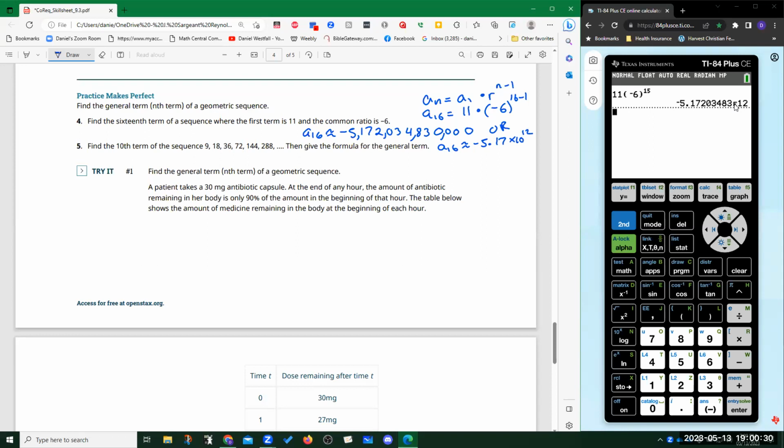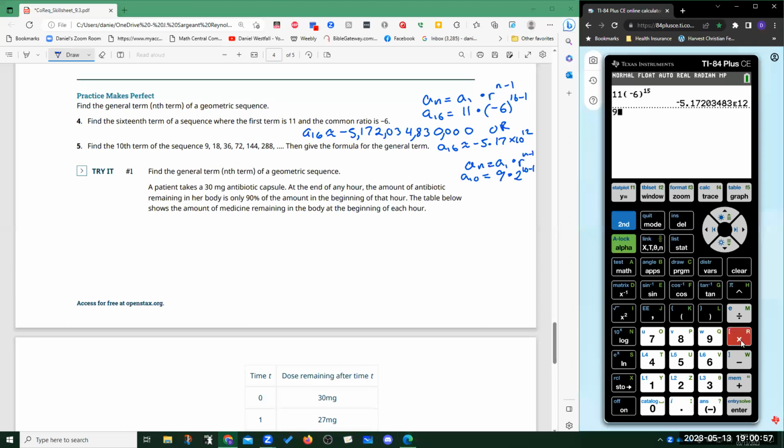This next sequence, we want to find the 10th term. So we want, again, a_n equals a_1 times r to the n minus 1. We want the 10th term, where a_1 is 9, and the common ratio here appears to be 2, to the 10 minus 1.